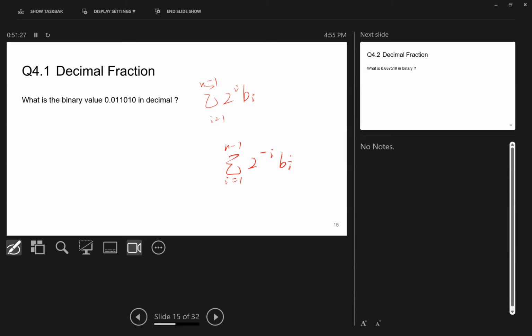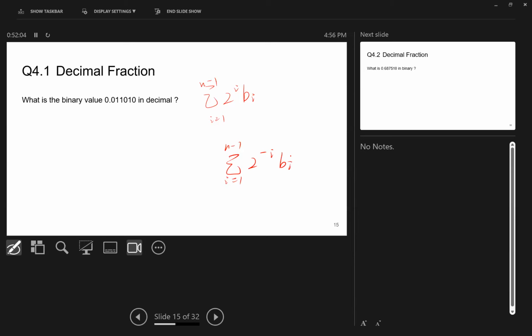According to these notations, what do we have? According to this one, we have 1/4 in our decimal notation, right? One fourth, and we have 1/8 in our decimal notation, and we have 1/32 in our decimal notation.